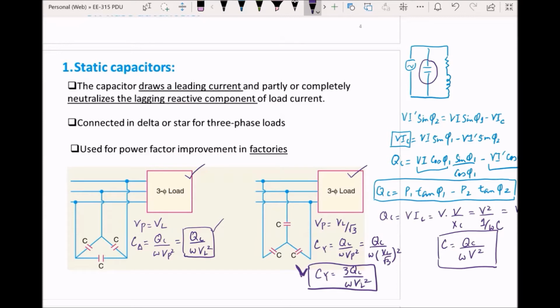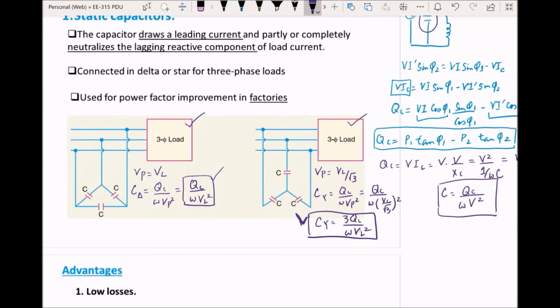So let me write it down. If this is the case, C delta is equal to 1 by 3 of Cy.